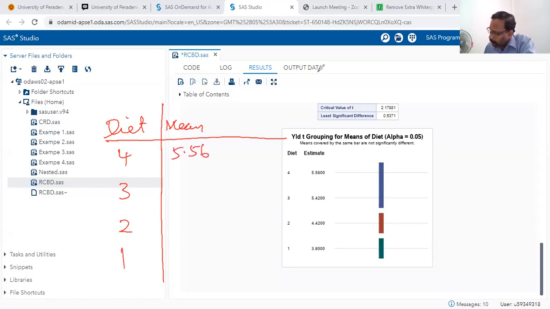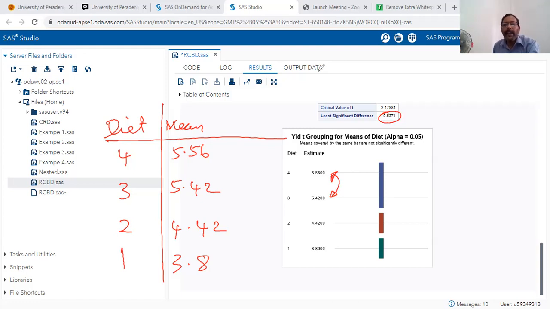The other one is 5.42, 4.42, 3.8. Here you see the LSD value. Which value is higher, the LSD value or the estimate difference?